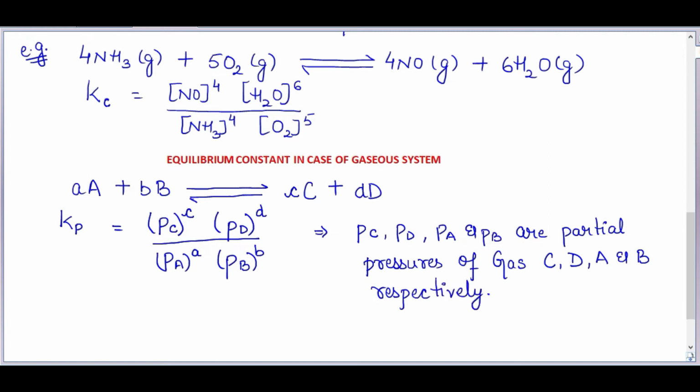Now, if you are having the equilibrium constant for molar concentrations, definitely you will denote it with Kc, and if you are having the equilibrium constant for a gaseous system, you will denote it with Kp.